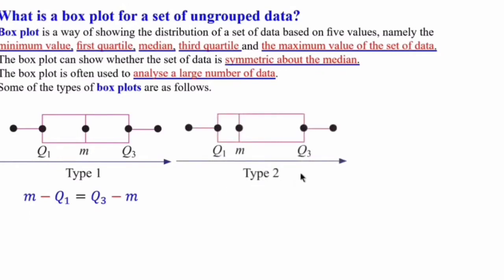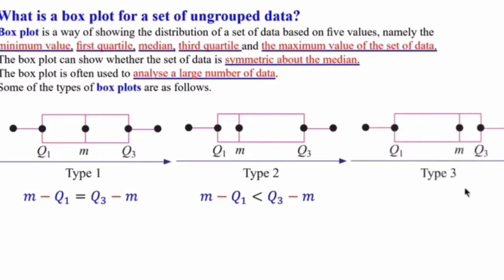For type 2, you observe that the difference between the median and the first quartile is less compared to the difference between the third quartile and the median, which is bigger. Q3 minus M is more than M minus Q1.